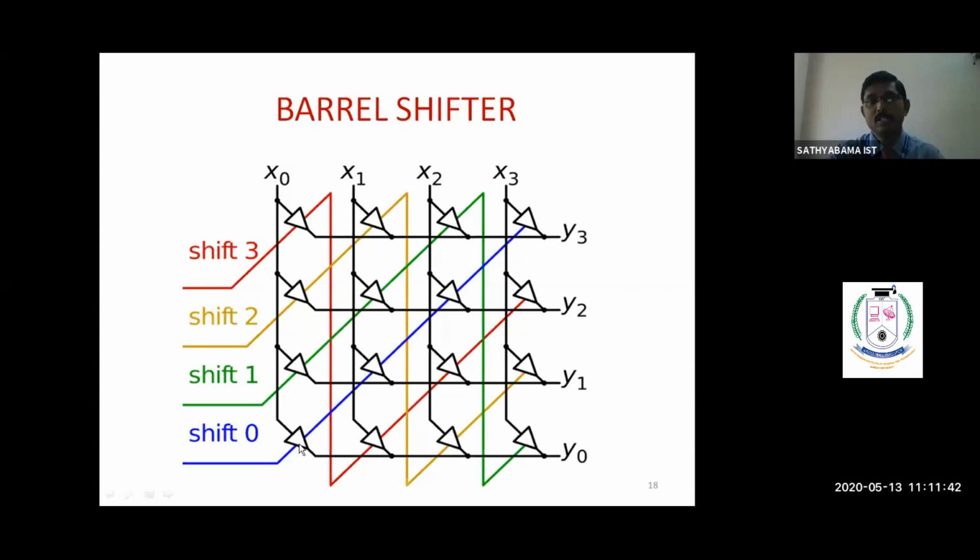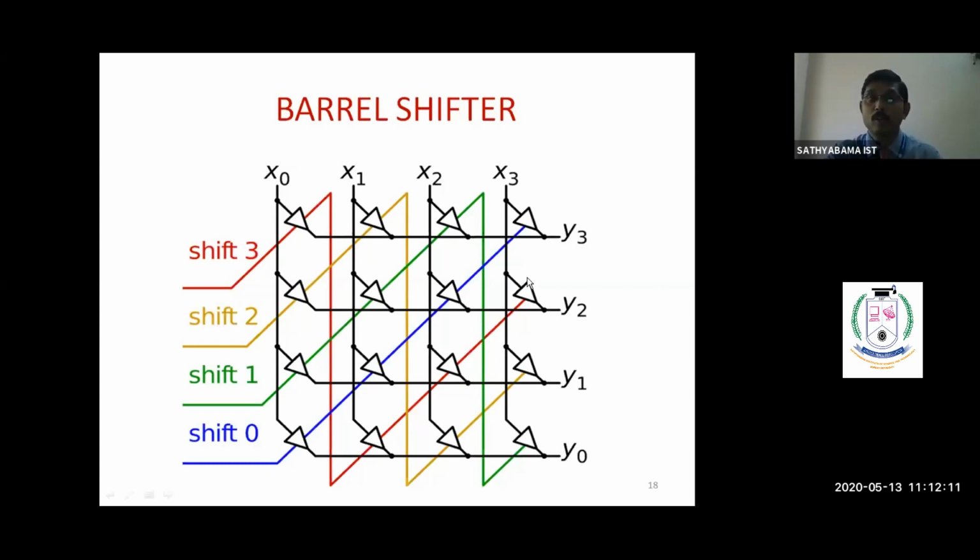So if I'm giving a shift equal to 0, these transistors are getting enabled. Therefore, this X0 value is directly coming through this transistor to Y0, and X1 value is directly coming. This transistor is getting activated. Therefore, this X1 value is directly coming to Y1. Similarly, X2 value is coming through this transistor to Y2. Through this transistor, X3 value is coming to Y3. That means there is no shifting. Directly, X0 to X3 values are coming to Y0 to Y3.